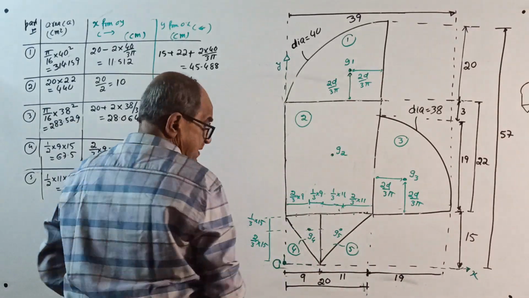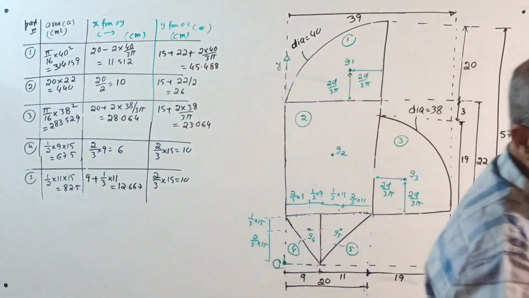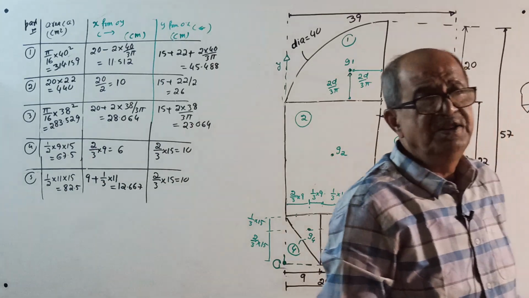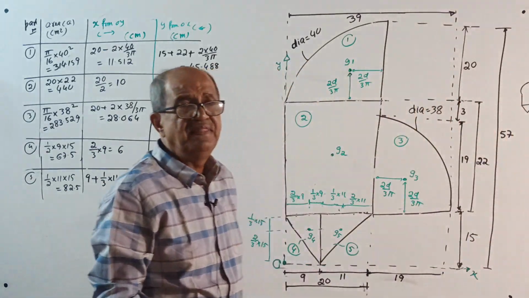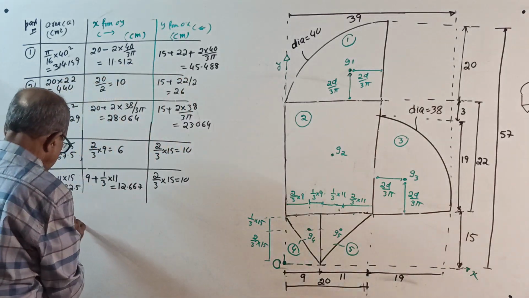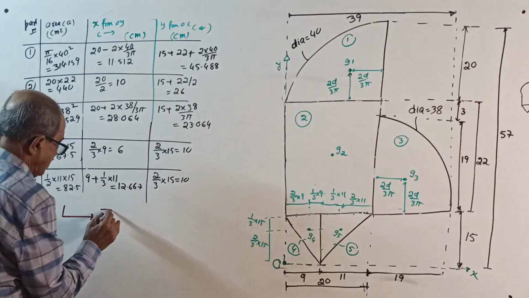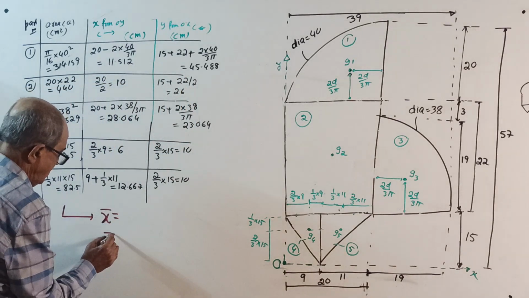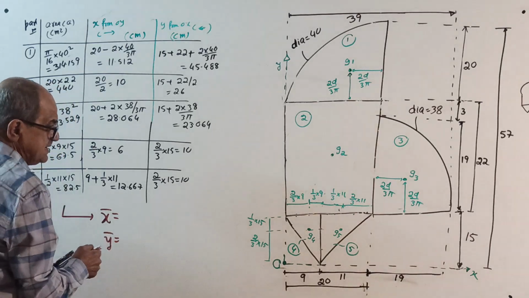Everything is over now. Now you do the usual calculation. Someone will say, sir, he is not writing and explaining anything. I will not explain, enjoy the calculation. Your X bar will come and Y bar will come. Now I won't waste time.